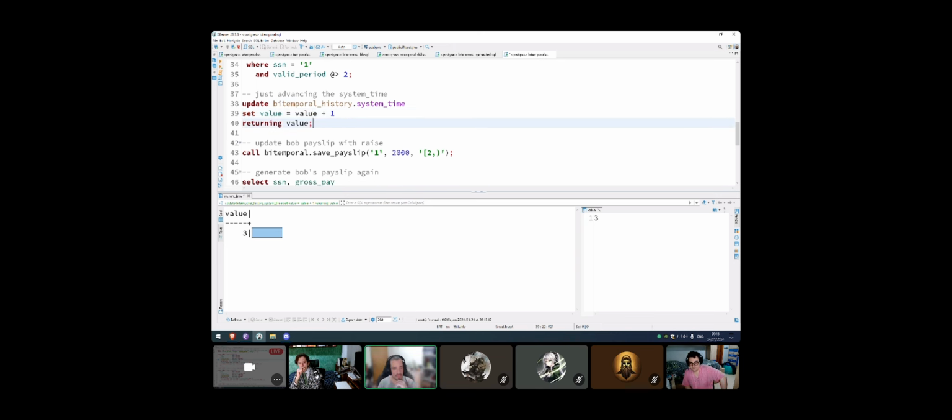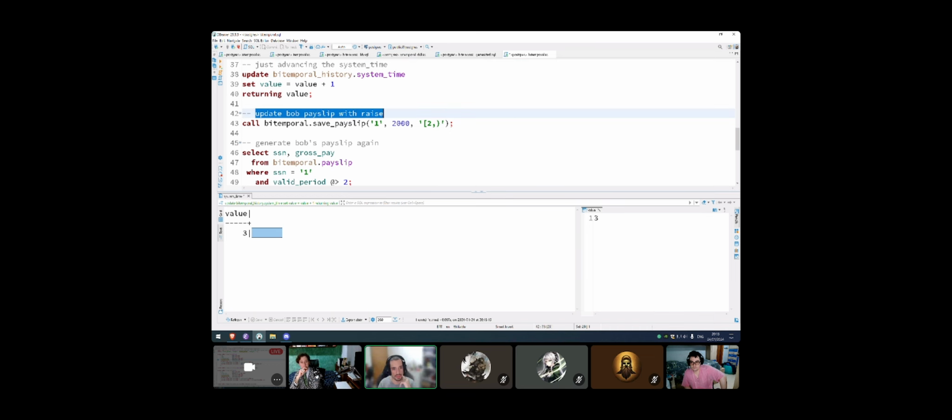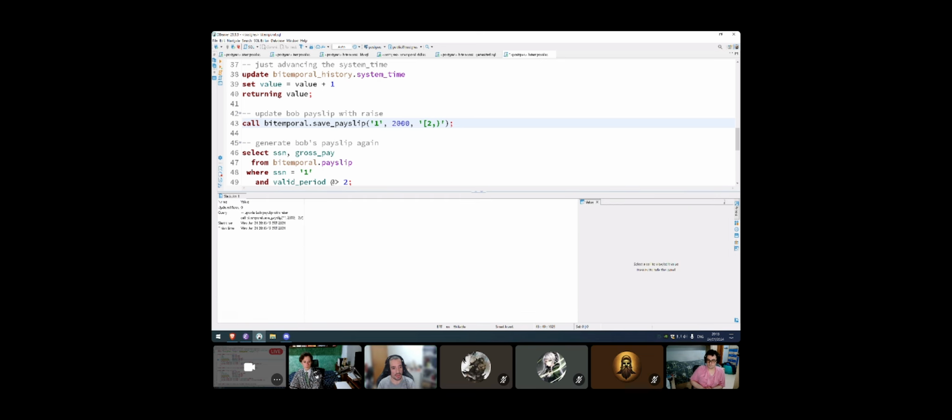That's the idea here. And then we know it was supposed to be 2000 from the time 2 onwards. And again, we don't know until when. So we save the new information.